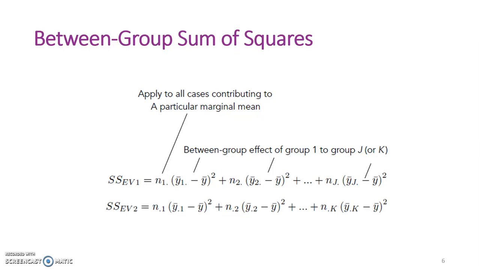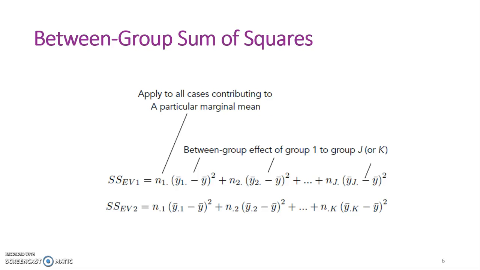These are the calculations for the between group sums of squares, also known as the predictor sums of squares. For each predictor, we calculate a sum of squares by using the number of scores in that cell multiplied by the between group effect of the first group squared plus the between group effect of the second group squared, and so on for all groups.